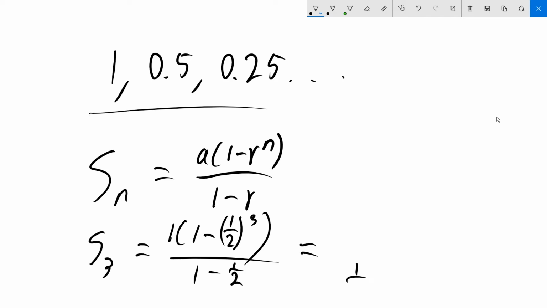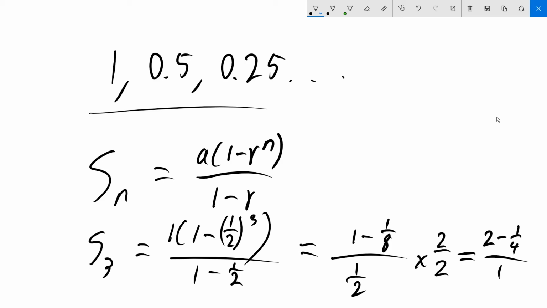We're going to get 1 minus 1/8 over a half. Multiplying top and bottom by 2, we get 2 minus 1/4, divided by 1, so 2 minus 1/4, that's 1.75.